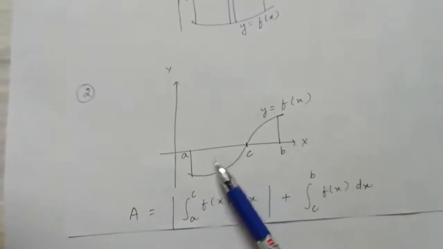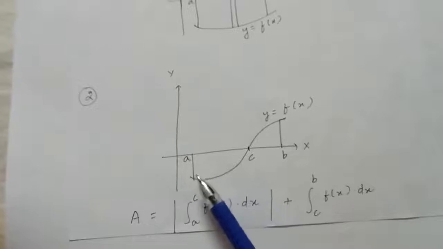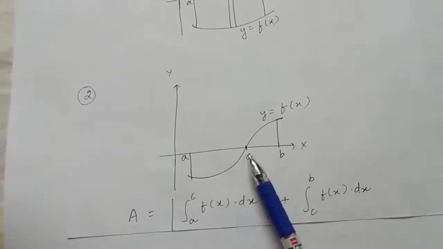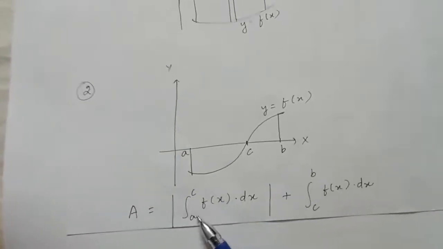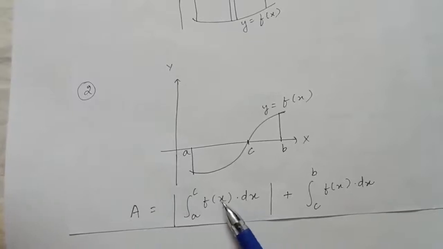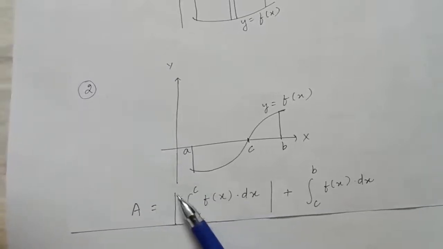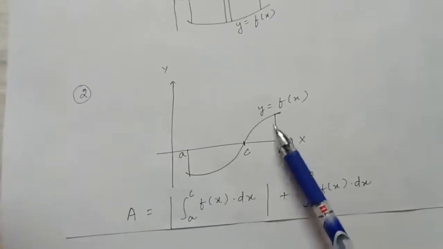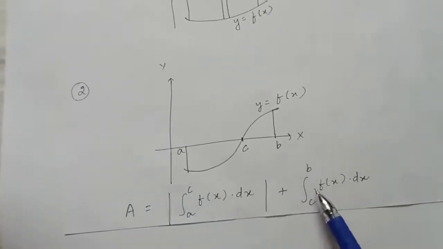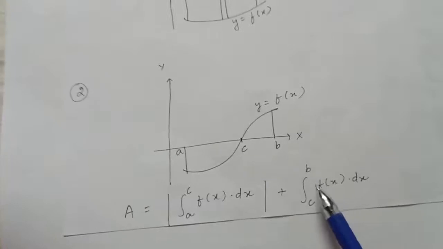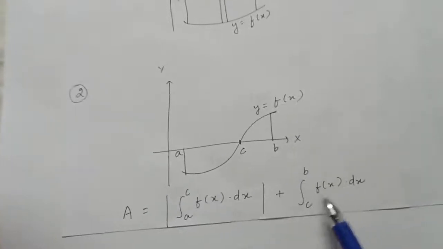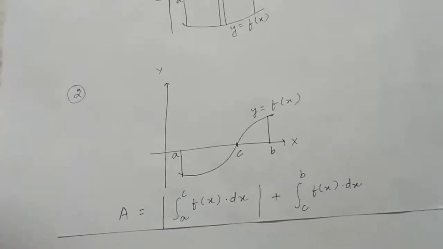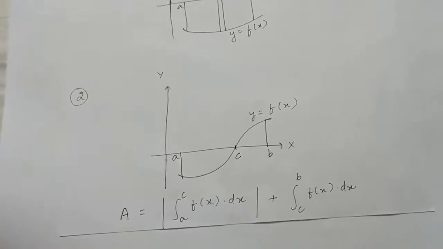So we will consider the absolute value of the area from the limits a to c, right? So from a to c, the integral of f(x) dx, take its absolute value, plus this will be positive only, so no need to take absolute value, the integral of f(x) dx from the limits c to b, right?